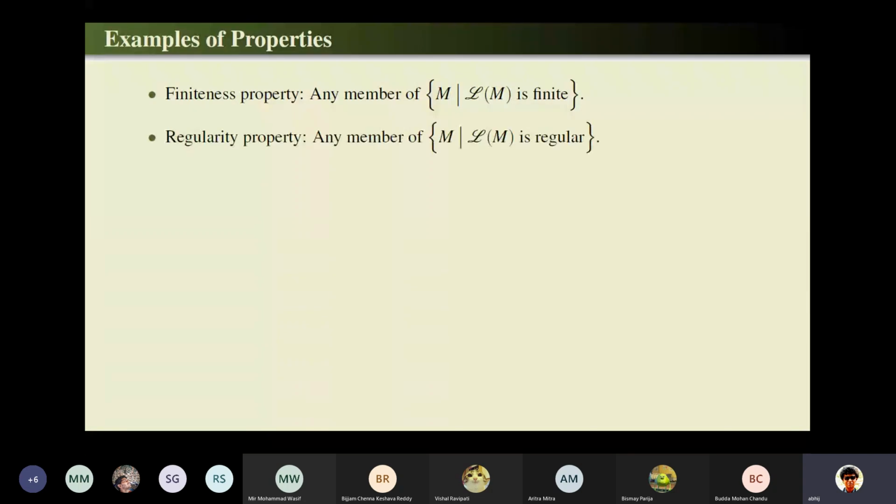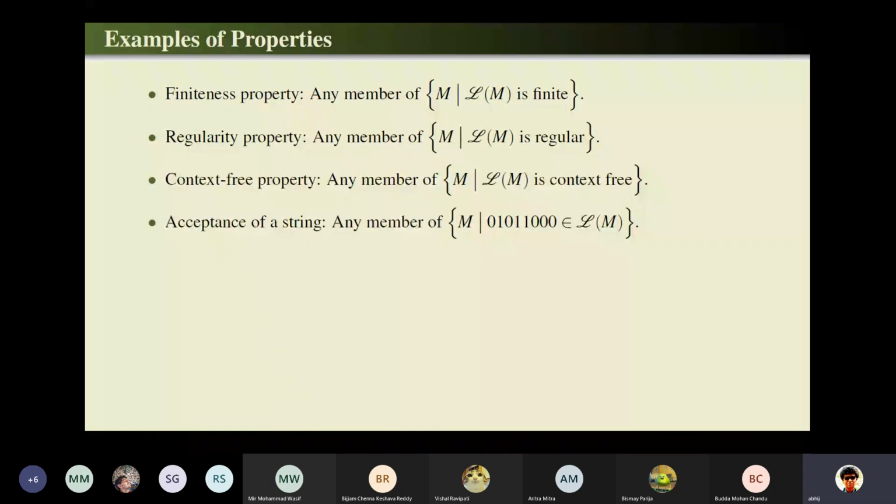Okay. So there are some other things. Regularity property. So you pick a context-free property. Now this is something like this, acceptance of a string. So the string in concern in this context is 0101 10000.